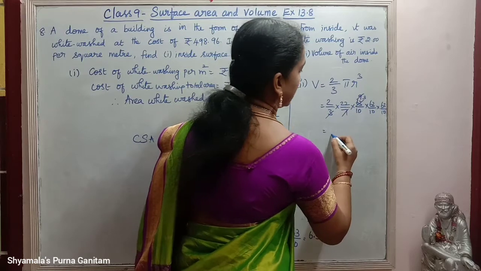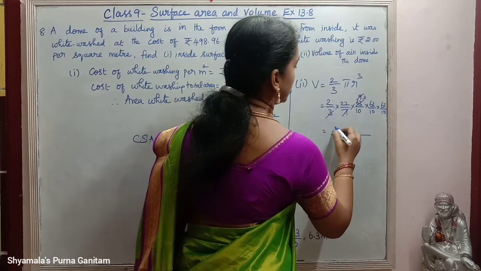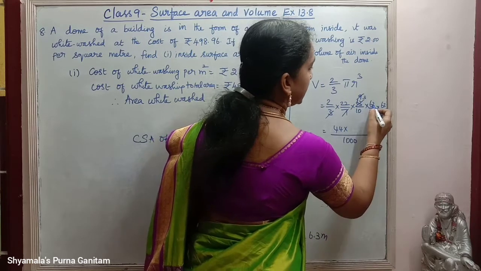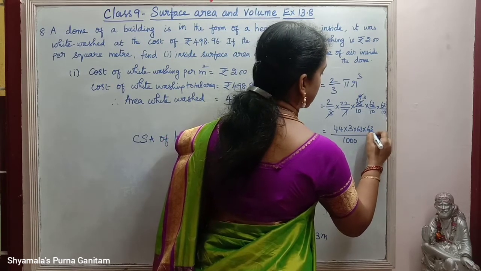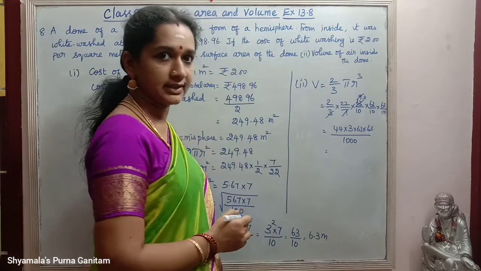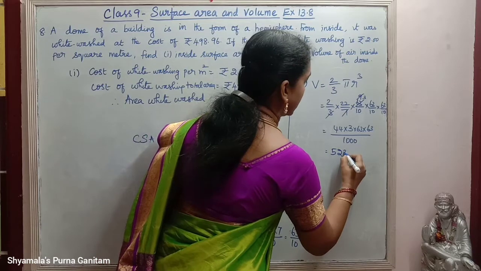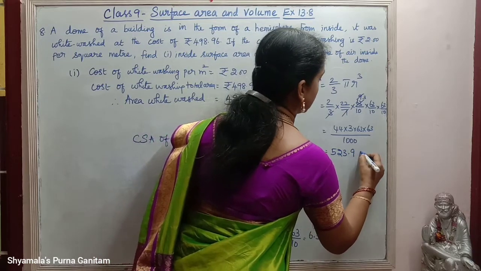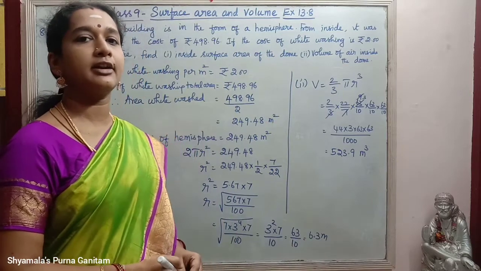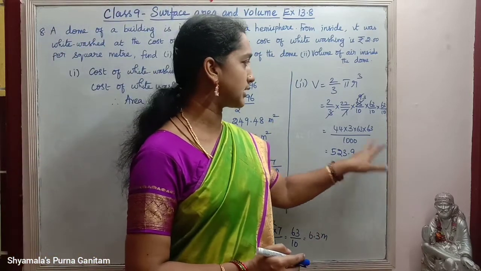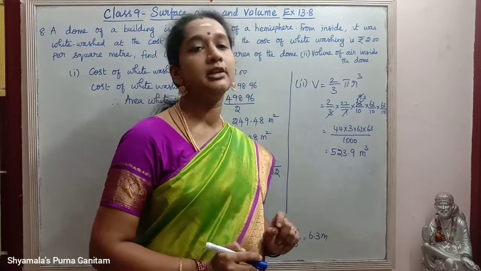The denominator we will get is 1000. So 2 into 22 is 44 into 3 into 63 into 63. When we simplify this, we will get the answer as 523.9 meter cube approximately.